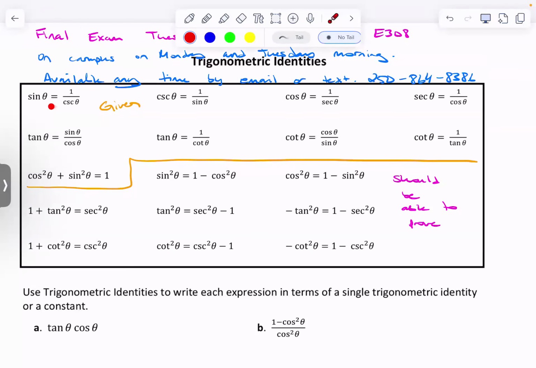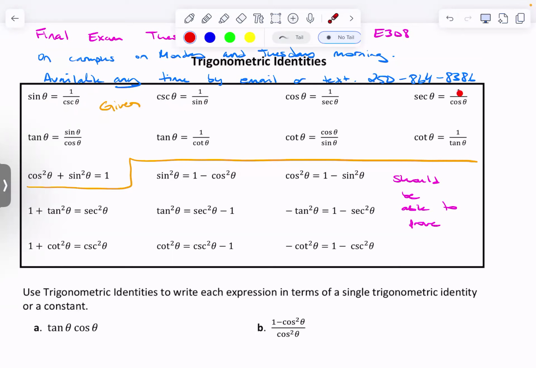Trig identities, things like sine of theta is 1 over the cosecant of theta, right? We don't have time to talk about what some properties of cosecant are, but just knowing that sine of theta can be rewritten as 1 over the cosecant of theta, or maybe more interestingly, the cosecant of theta can be rewritten as 1 over sine theta, and so on and so forth, right?